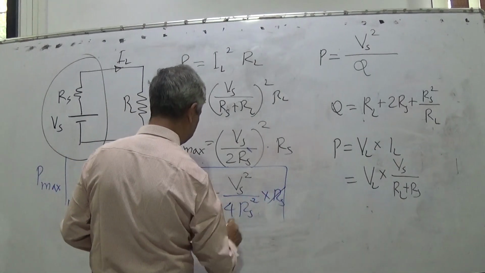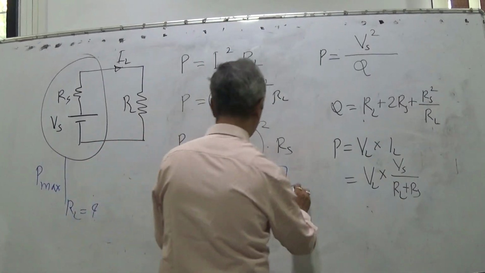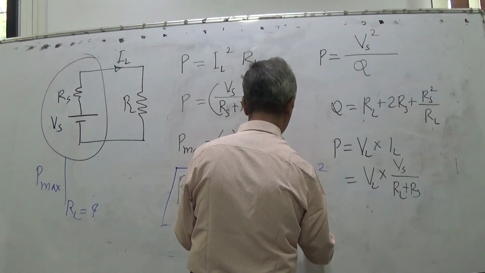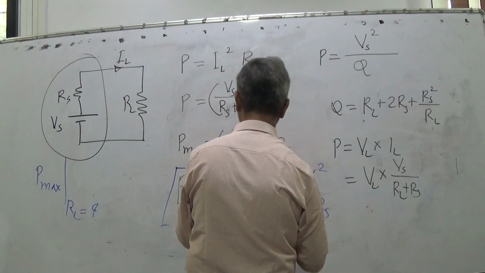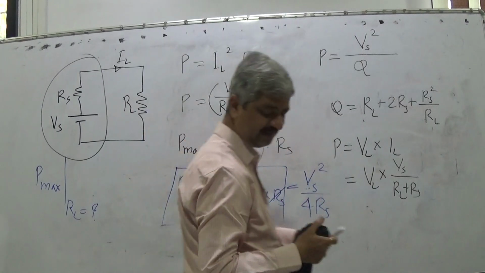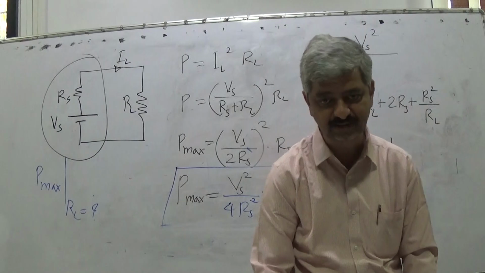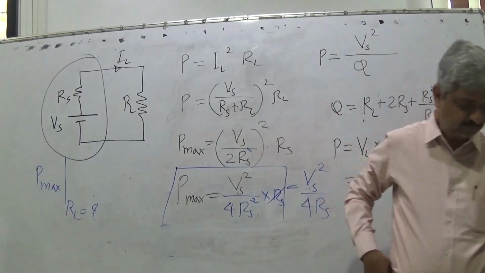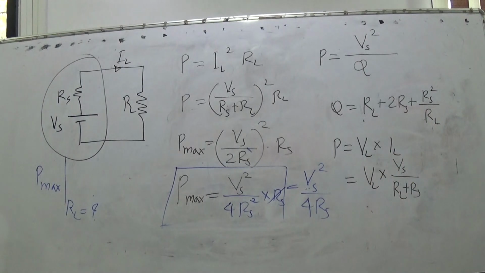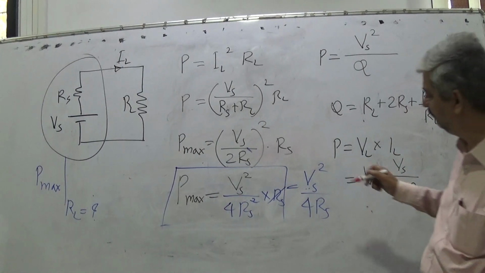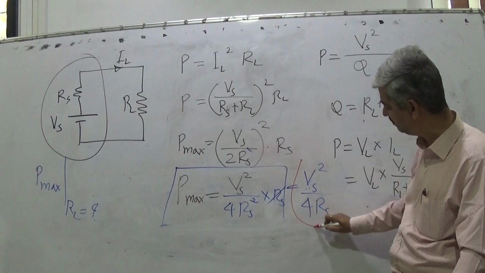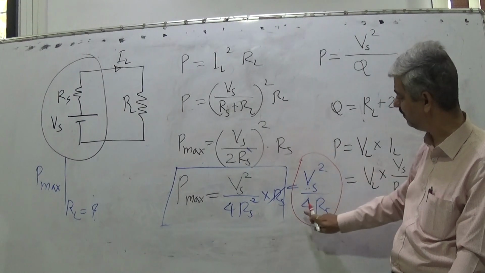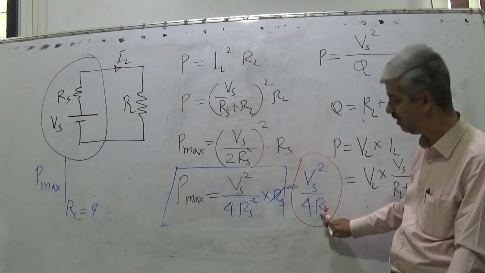This RS gets cancelled, so that is equal to Vs square upon 4 RS. That is the P max. Maximum power gets transferred when load resistance is equal to source resistance, and the value of such maximum transferred power is equal to Vs square upon 4 into RS.